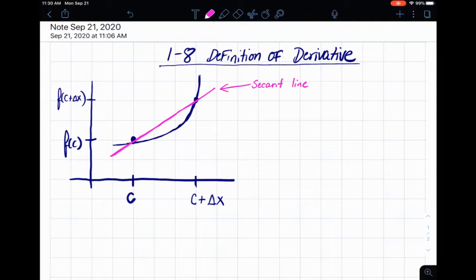Okay, so if we're looking at what this point up here would be, this point is going to have this x value of c plus delta x, and then it has a y value of f of c plus delta x.